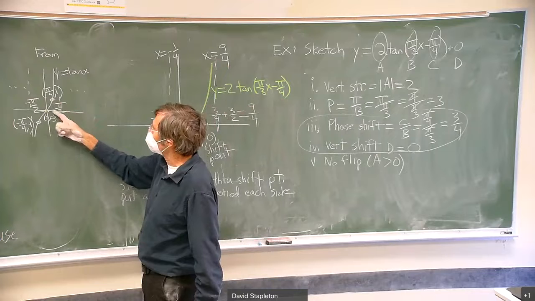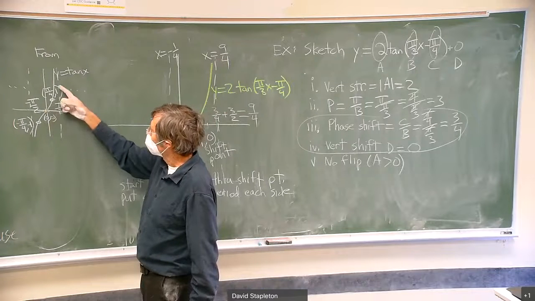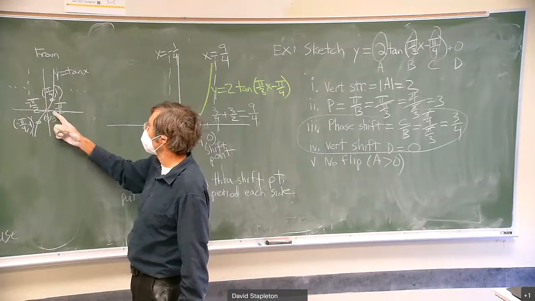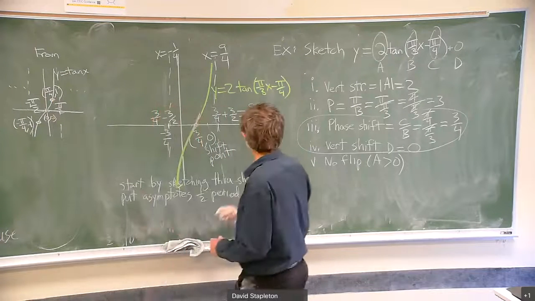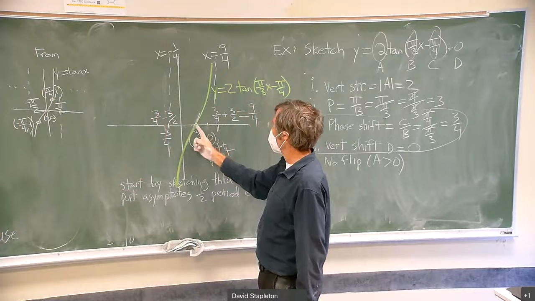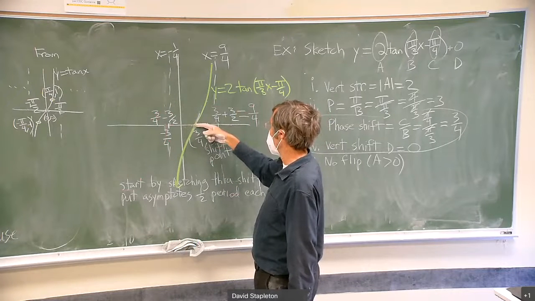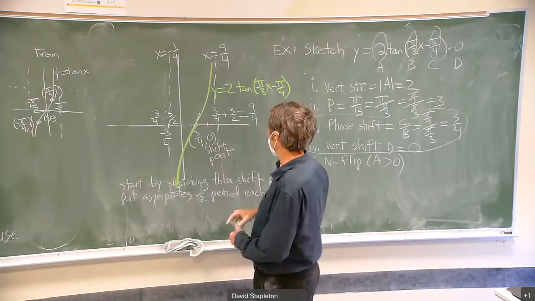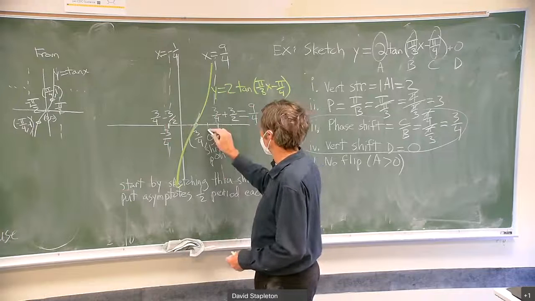If you go over halfway between the x-intercept and the vertical asymptote here, you should be 1 unit up on the unstretched tangent. It follows when you stretch and move this, that if you go halfway between this midline here, where it crosses the midline and the asymptote, halfway in between, well, let's see, 3/4 and 9/4, this must be 6/4 in here, right?